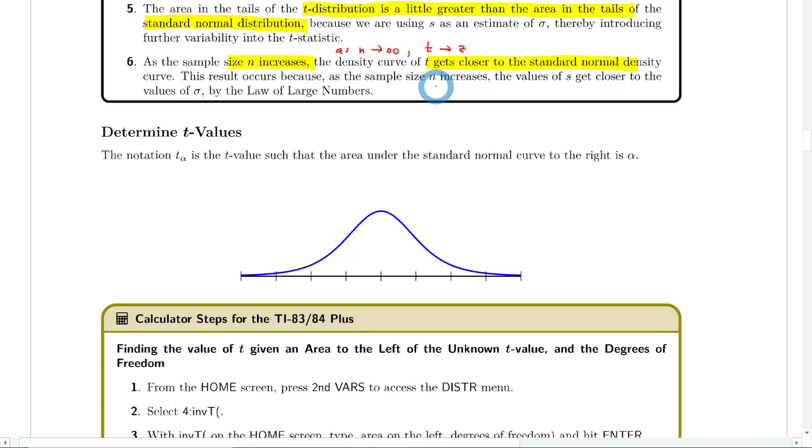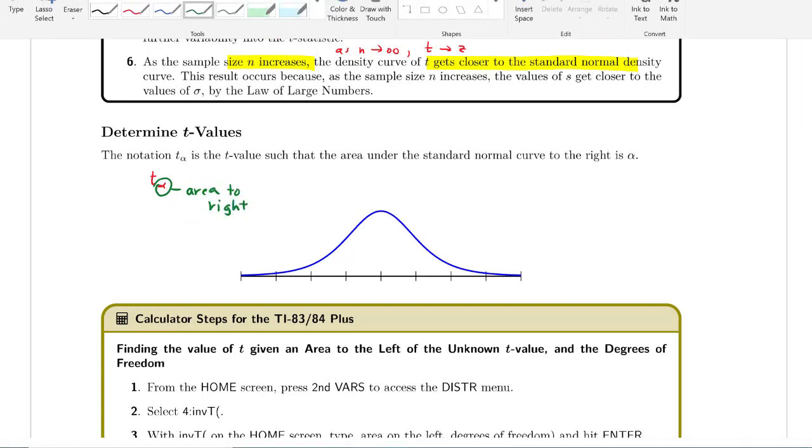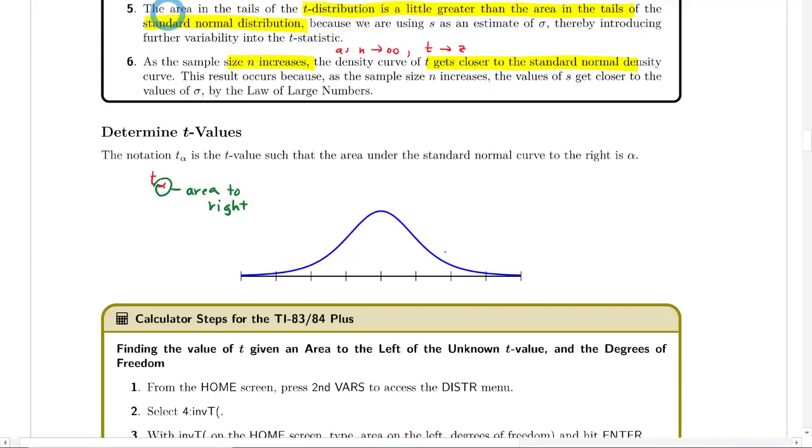Okay, so then for the alpha, we use the same notation, where this alpha is still area to the right. And we'll go ahead and note that somewhere here.